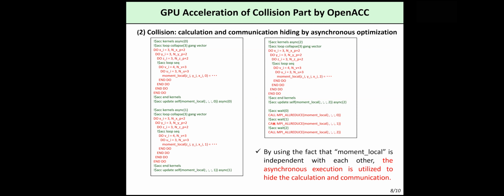More specifically, when a GPU finishes the first 5D loop, it can go to the next executions without waiting for the other GPUs. The same technique is also applied to the boundary part for the buffer setting and the communication, and we confirmed that the asynchronous execution efficiently works in both parts.